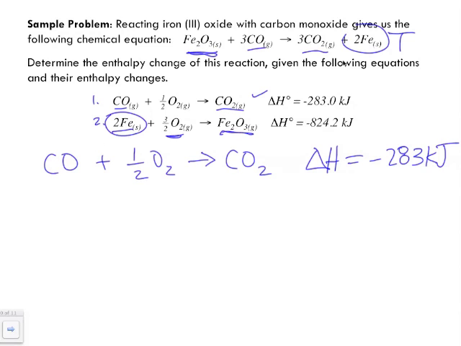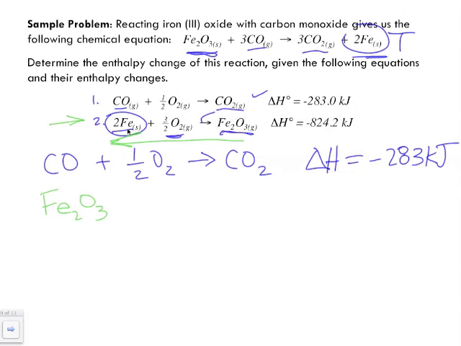This reactant is a product in our target. So we want to switch it because also this product here is the reactant of the target. So what we're going to do is we are going to want the equation to go in this direction. So what are we going to do? We are going to rewrite equation number 2, and we're going to rewrite it backwards. So we're going to start off with our products and Fe2O3.